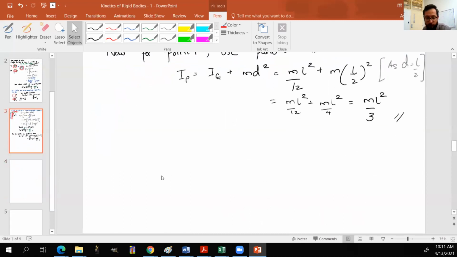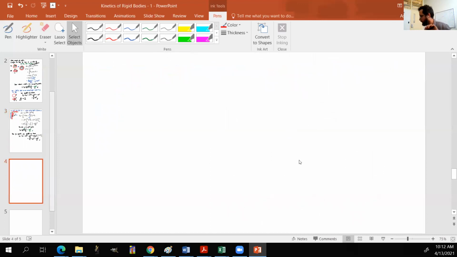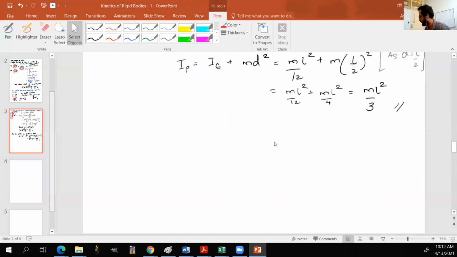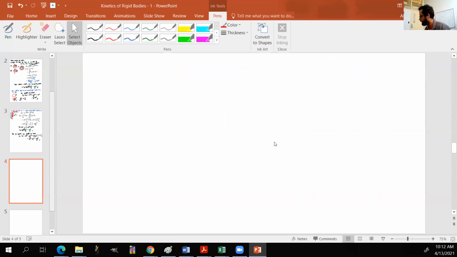All right, guys, good to move on to the next page. Next, like we were looking at the area moments of inertia, you could have composite shapes as well. So what we're going to do is look at a composite shape.